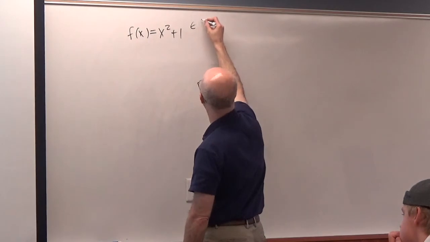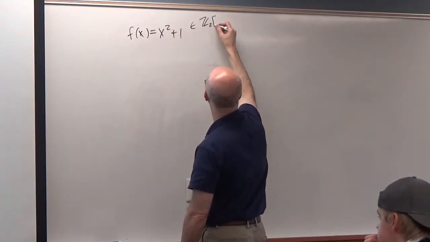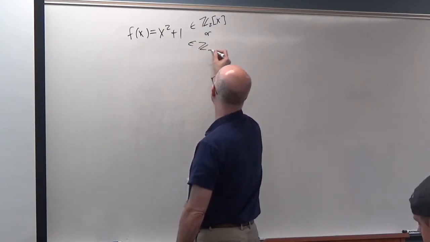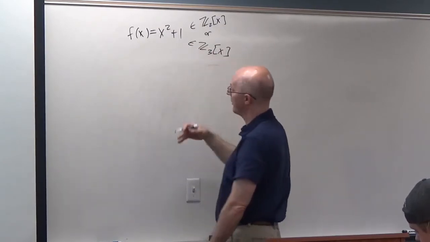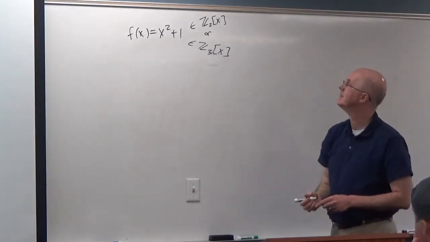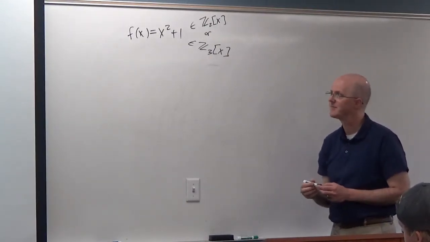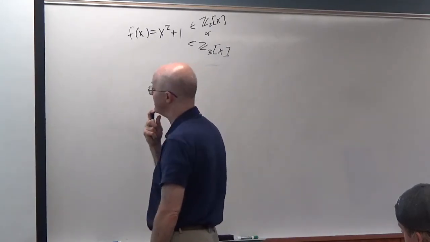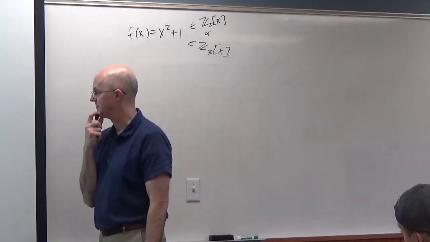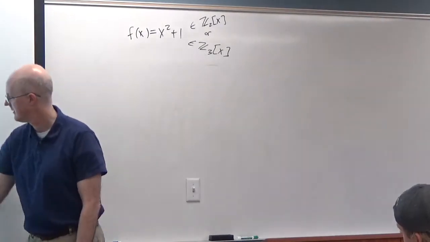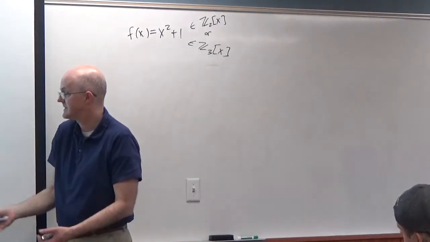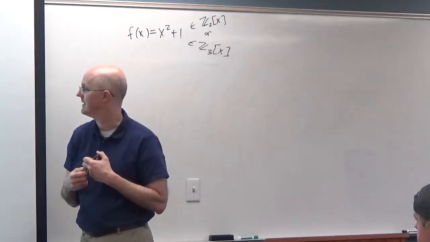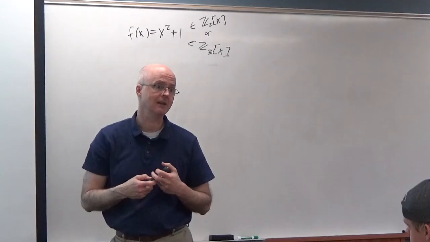We could think of this as an element of this ring if we want, or of this ring, or plenty of other rings. But I'm going to think about those two things. And I'm going to ask myself, is this polynomial, which has degree 2, reducible or not? It's an if and only if, so you can actually use this theorem to prove irreducibility as well. If it does not have a 0, it would be irreducible.